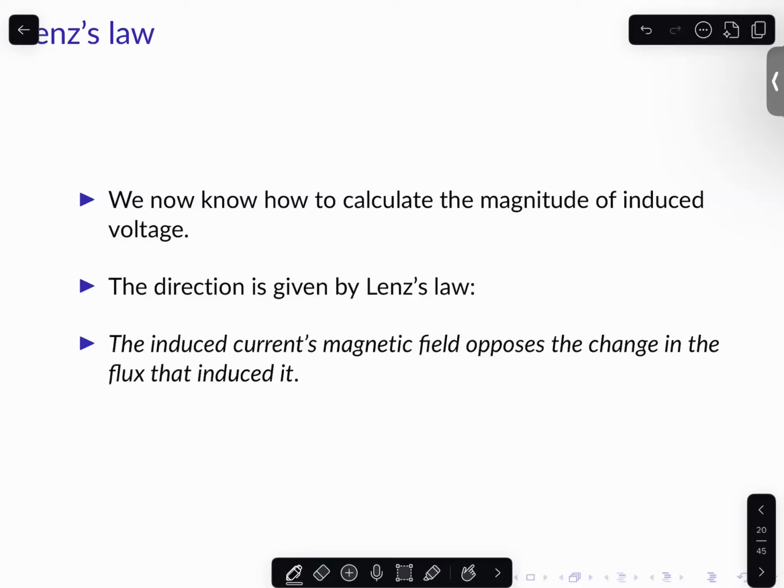Whenever the flux changes quickly, you'll get a big induced voltage. If flux is changing slowly, you'll get a small one; if flux stays constant, you'll get no induced voltage. I'm only ever going to give you problems where the flux is changing steadily. But in general, you betcha, absolutely. And the voltage is constant.